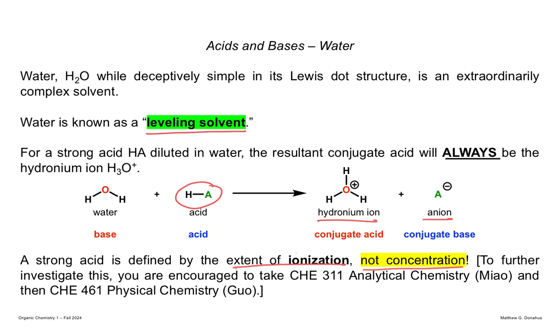And so another word that's used is called activity. And we don't talk too much about that in here, but in analytical chemistry, you'll learn more about it. And if you take physical chemistry, that's when you'll learn the nitty-gritty math of it, which is a little bit scary, because then you're dealing with integrals and derivatives and stuff like that.